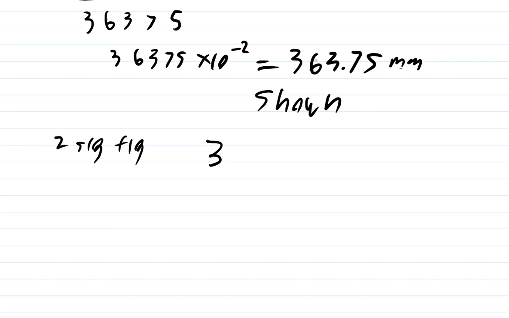It's 3, so you're going to have the 6 remain. Then you're going to have 0, 360. And then to show the accuracy that you started out with, you put 0, 0. So it's 360.00 millimeters. That is to two significant figures, alright?